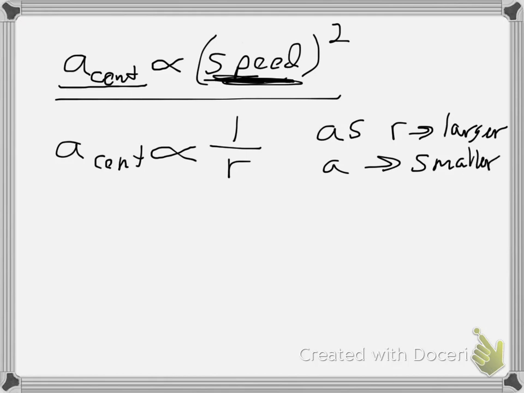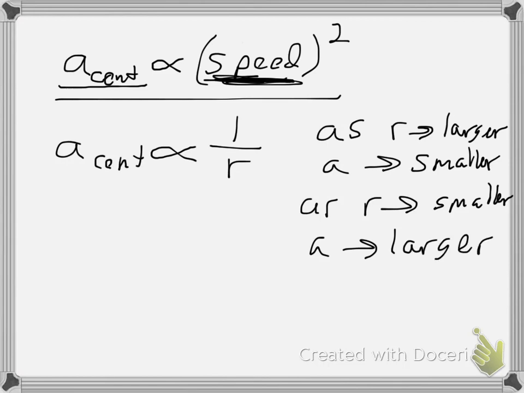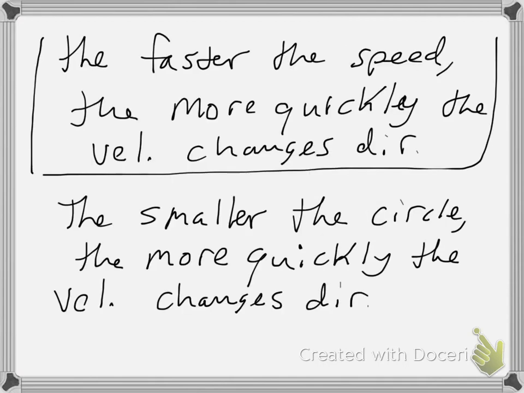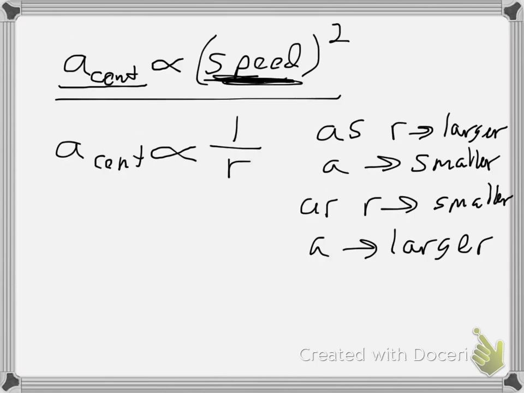And vice versa, as r gets smaller, a gets larger. That shouldn't be too hard to understand, and that's simply what this statement here is saying, right? The smaller the radius, or the smaller the circle, equivalently the same thing, the more quickly the velocity changes direction. If I have a really, really small circle, it's changing direction very, very rapidly.